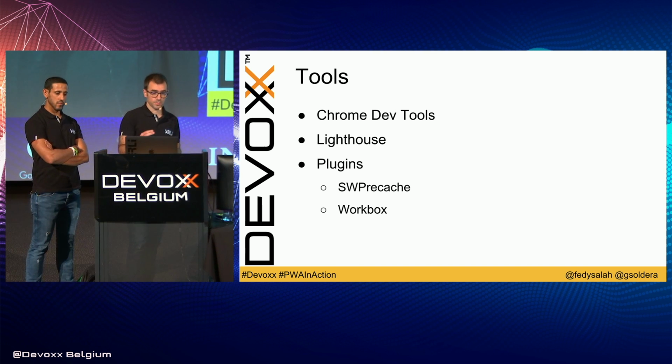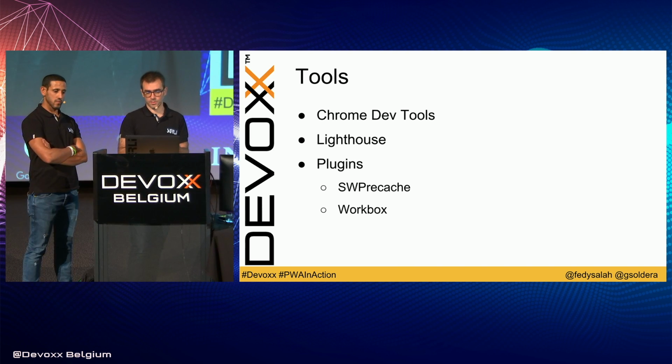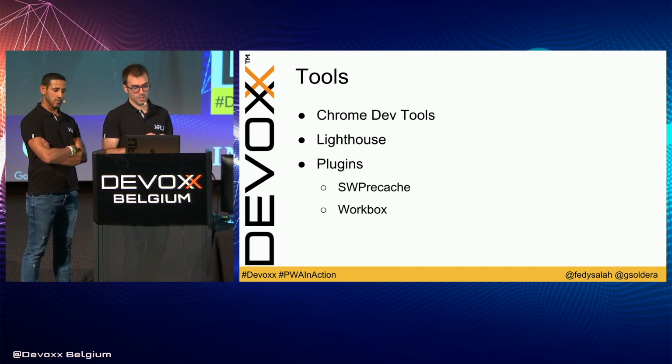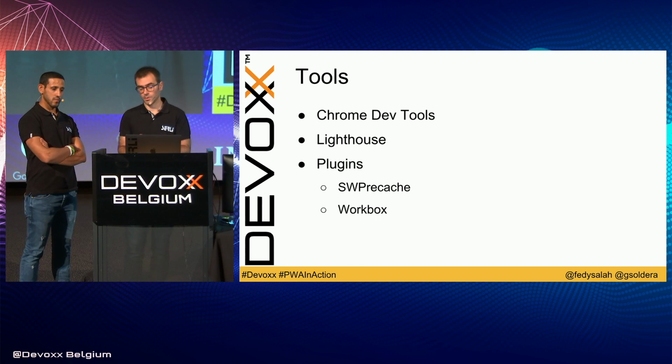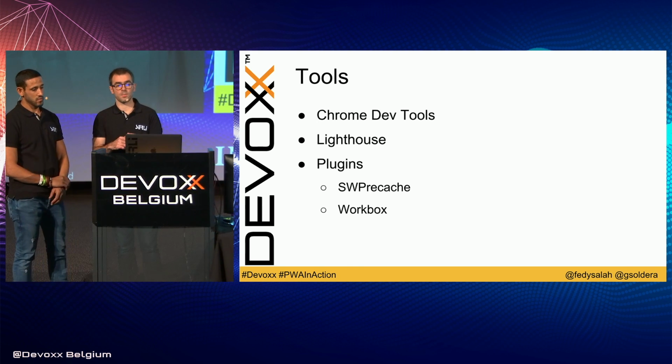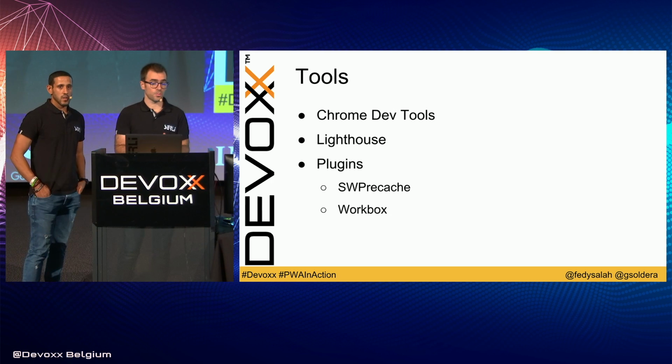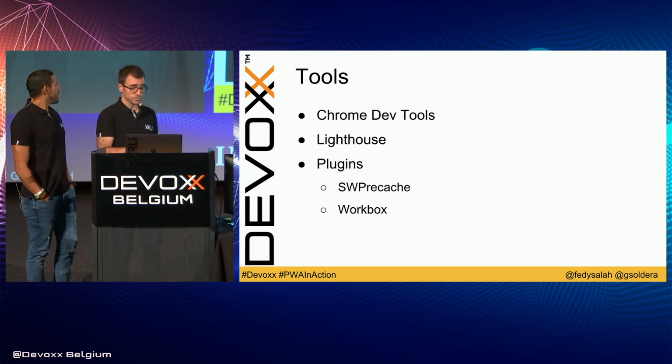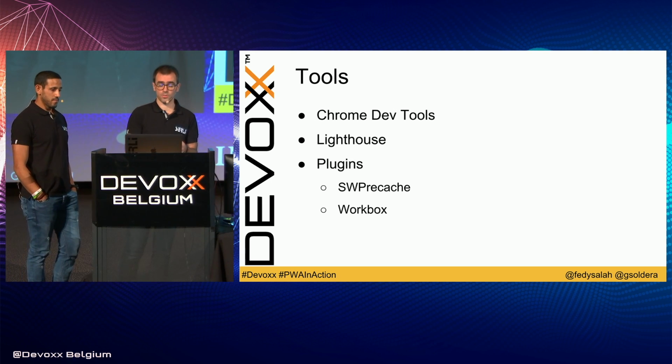We have seen Lighthouse. We don't have the time to display the results on your application. We have talked about Webpack plugins. It's SW Precache and Workbox. These plugins allow you, with minimal configuration, to build a service worker for you.